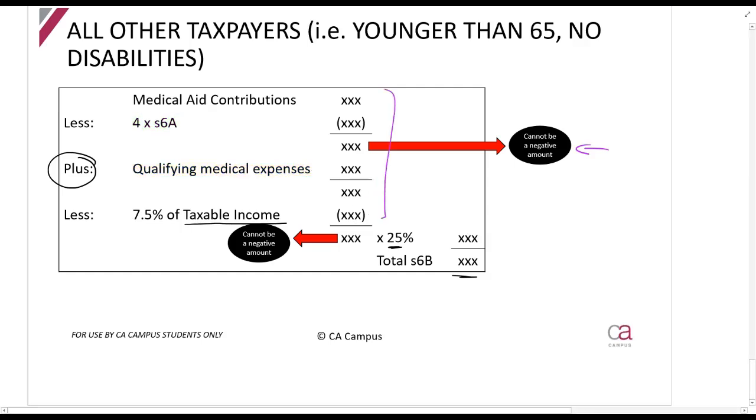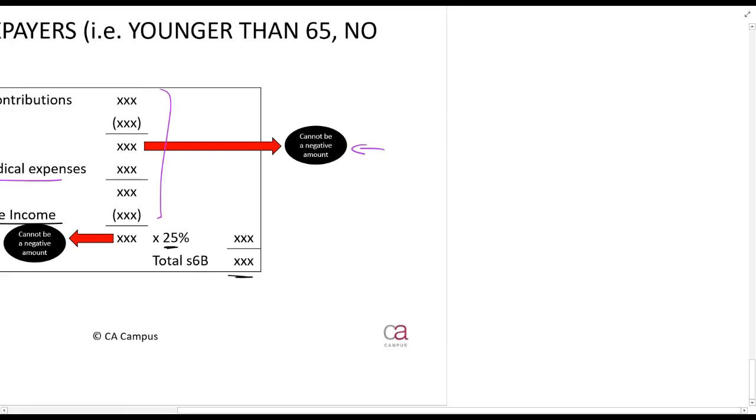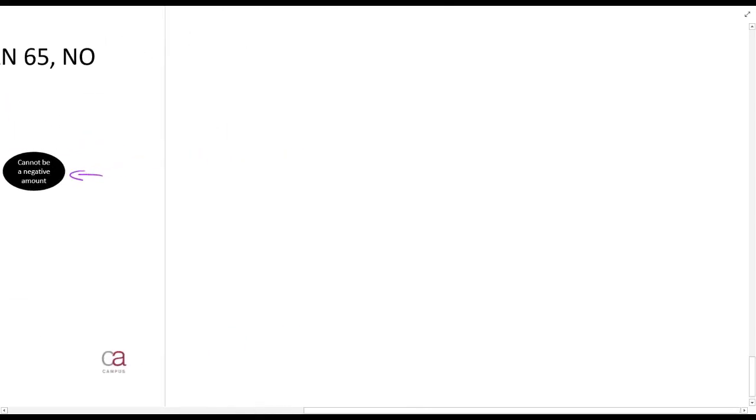You have to have a low taxable income and high qualified medical expenses most of the time to qualify for something over here. Right, so I'm going to just do a very simple example here, just of this more complicated one quickly. Let's say Mr. X has taxable income of 700,000.